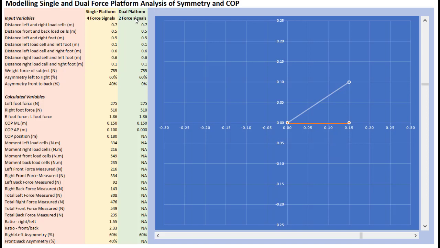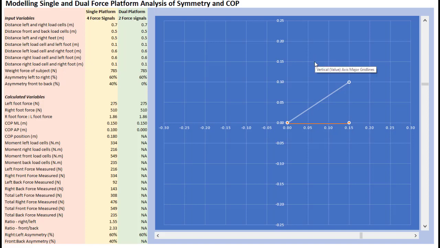Dual platform systems cannot resolve any shift in force in the anterior posterior plane. They can only measure the left versus right forces applied. And they cannot actually track the center of pressure unless the distance between the 2 feet is known. Conversely, a single force platform cannot determine the force being applied by the left and right foot individually unless the distance between the 2 feet is known.